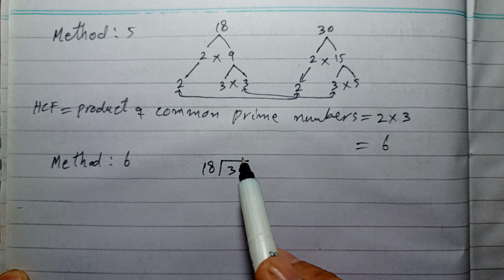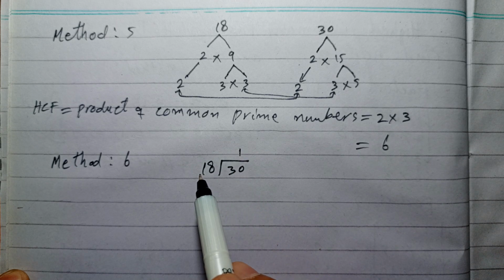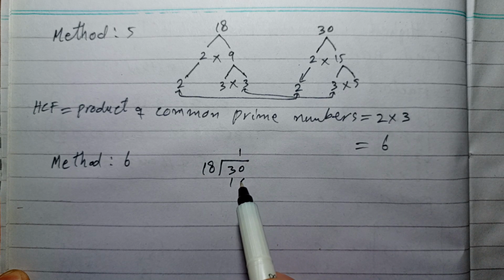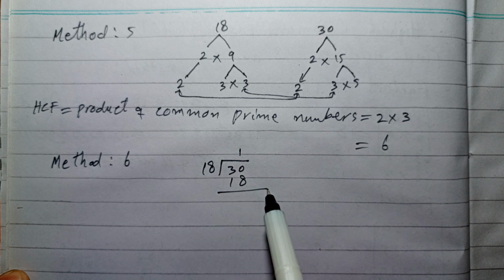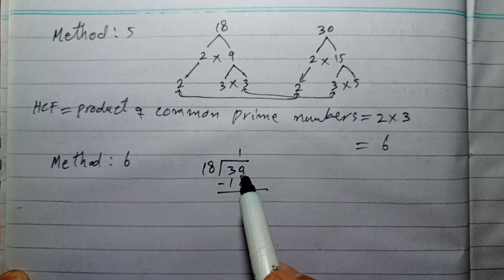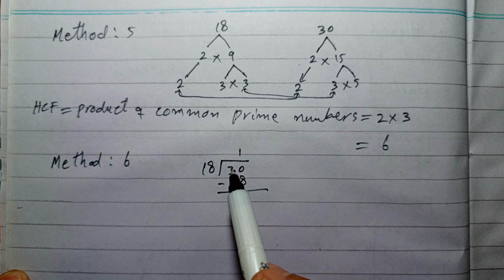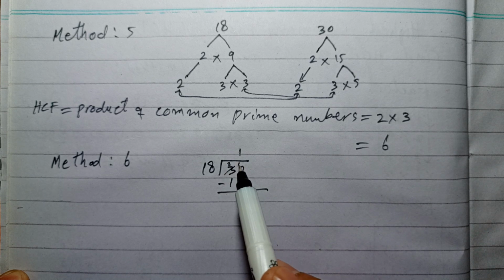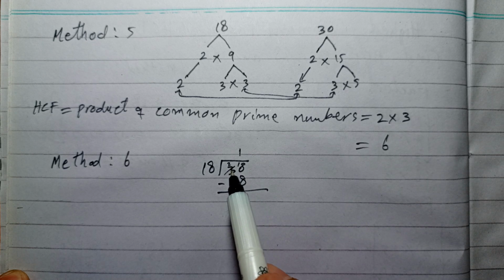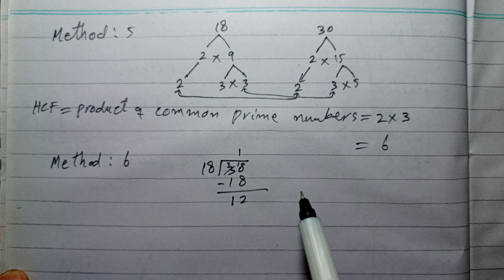You know that 1 time, 1 18s are 18 here. When you subtract these, now subtract from 0. You can't subtract 8, but you will get a carry from here. Here it will be 2 and here will be 10. From 10 remove 8, you will get 2, and from 2 remove 1, you will get 1 here.